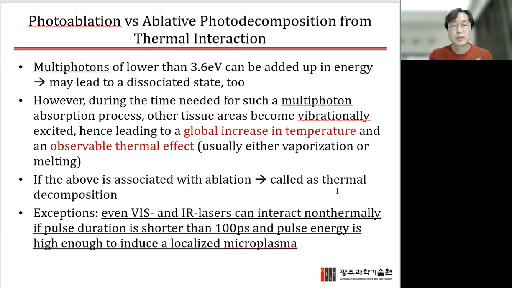Even visible or infrared laser can interact non-thermally if the pulse duration is shorter than 100 picoseconds and the pulse energy is high enough to induce localized microplasma, which is telling about plasma-induced ablation, which is coming in the next class.